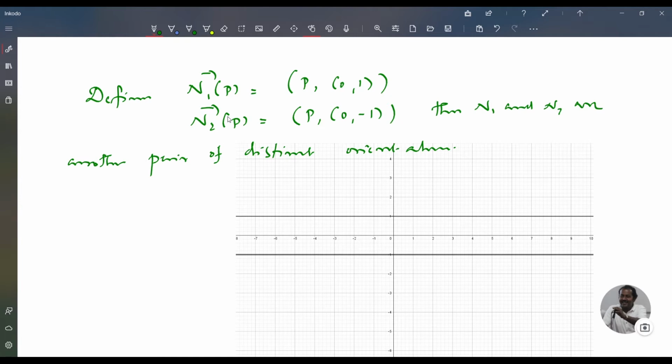So that is given by the first pair. At each point you are assigning the vector (0, 1). So (0, 1) is this vector, so this is the orientation. At each point you are assigning the vector (0, 1) like this, and here also. This is your n1 of p.